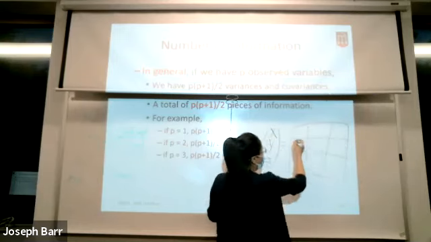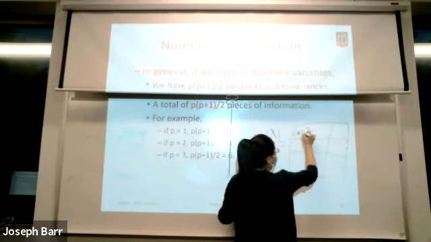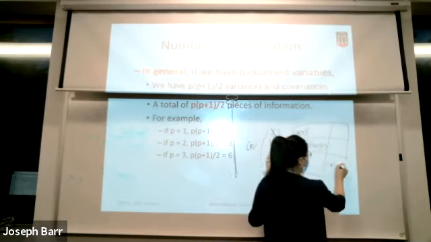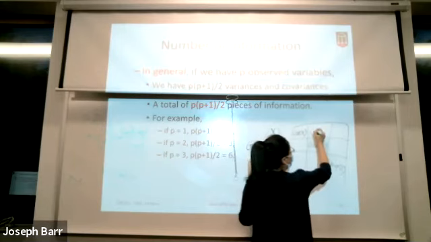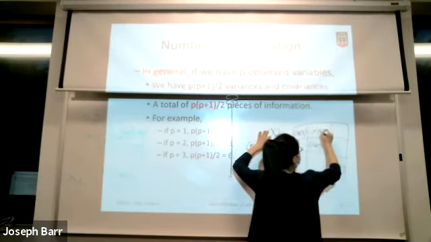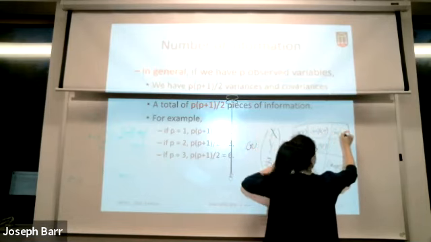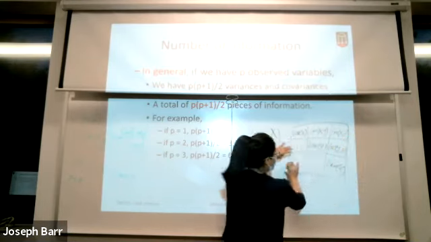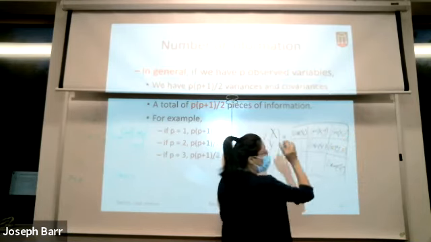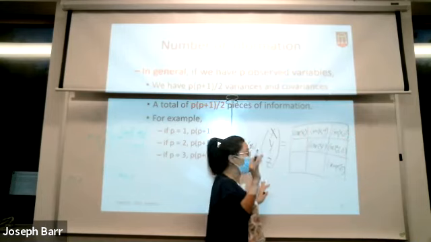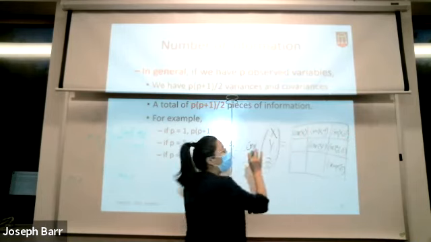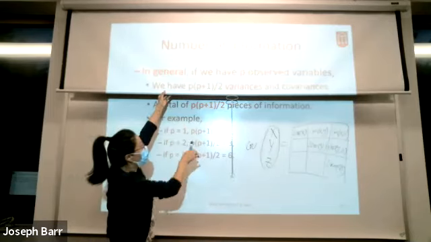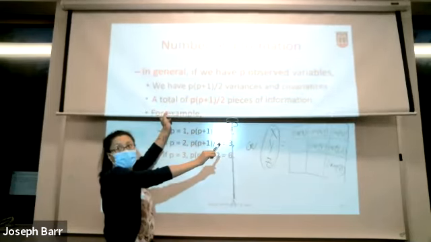You definitely need to know the variance of X, variance of Y, variance of Z, and the covariance between X and Y, the covariance between X and Z, and the covariance between Y and Z. The other parts are redundant. So here we have 6 pieces of information ready if you have 3 variables.